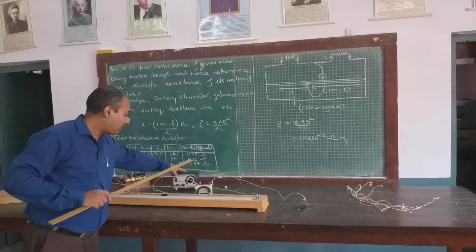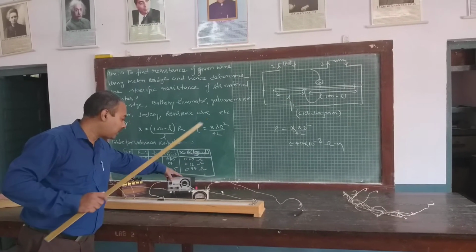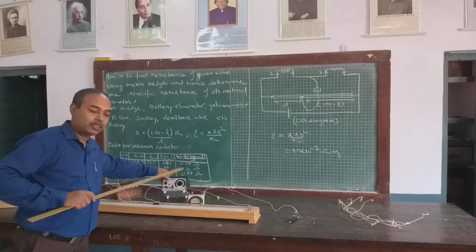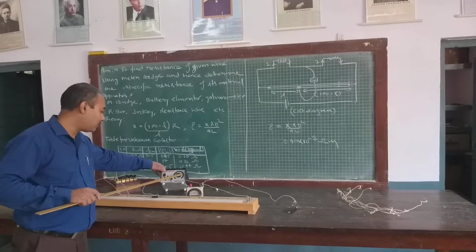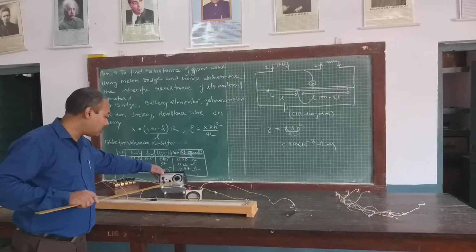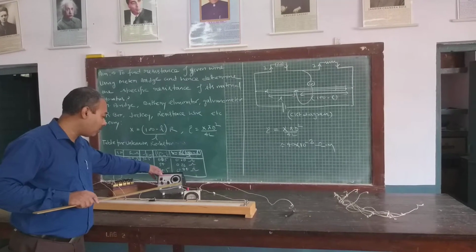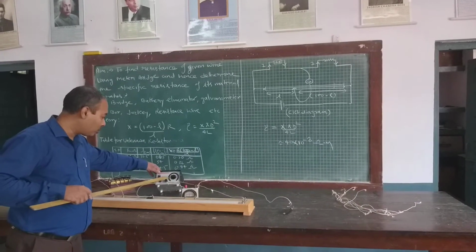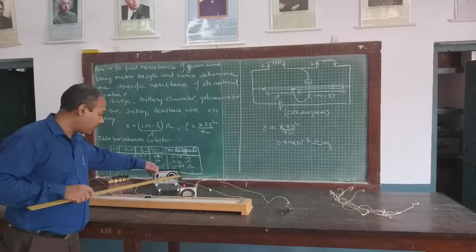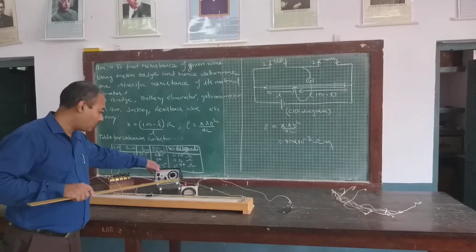The use of the battery eliminator is to convert AC into DC. With the help of this battery eliminator, we can convert AC voltage into the DC voltage, and the limit of this battery eliminator is up to 12 volt. We can convert it up from 2 to 4, 4 to 6, 6 to 8, 8 to 10, and then from 10 to 12.